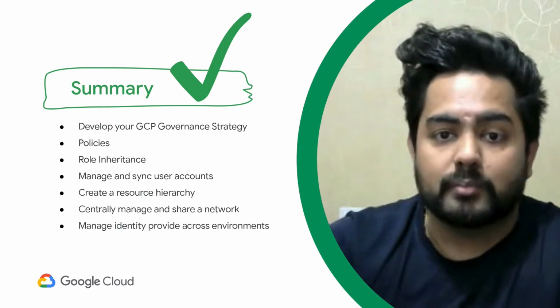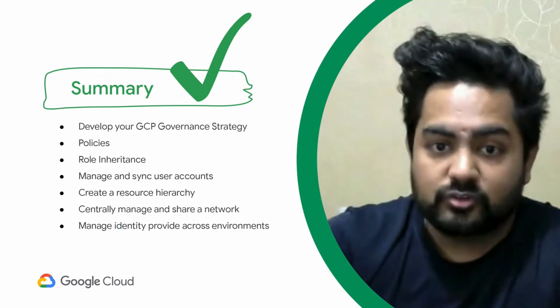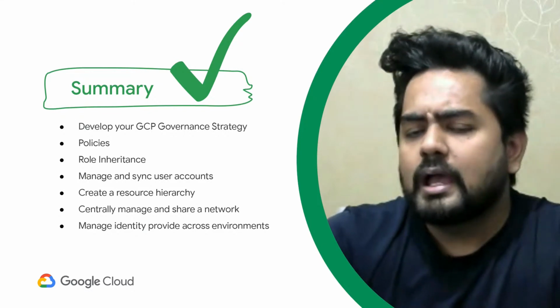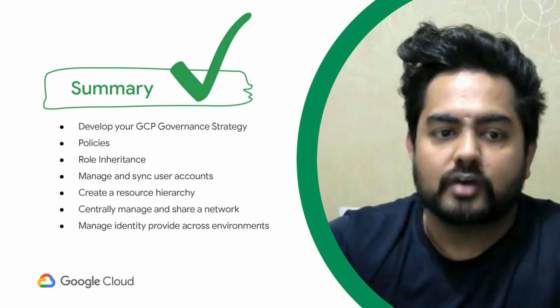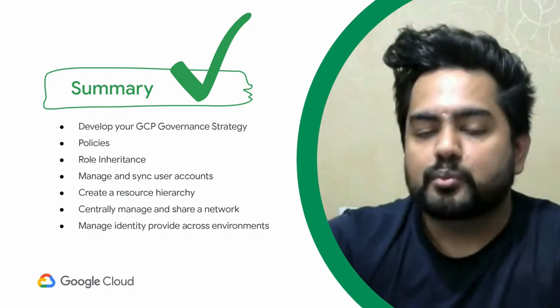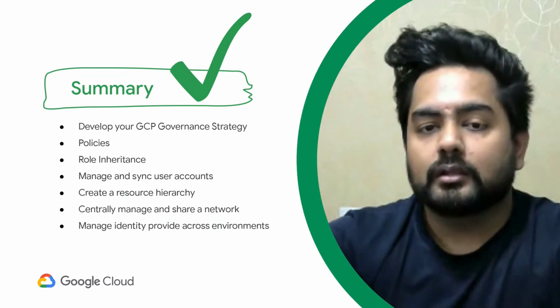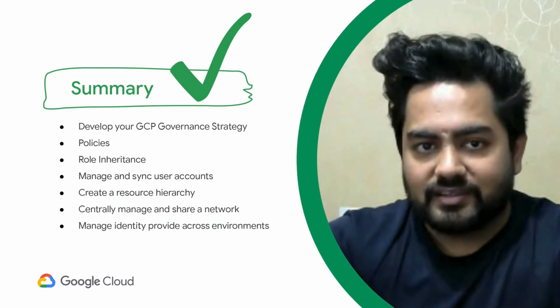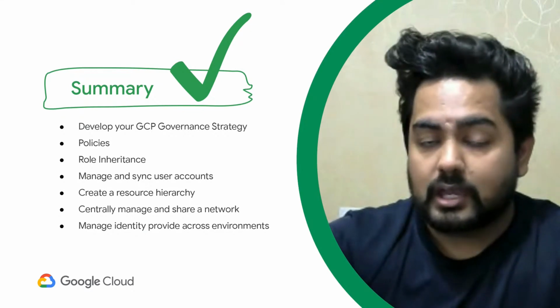We've learned how to manage a single network across multiple projects using the shared VPC concept. And finally, we've learned how to manage an identity provider across environments. That brings us to the end of the section, and let's move to the final section for today. I hope you are enjoying it, and feel free to ask as many questions as you can.